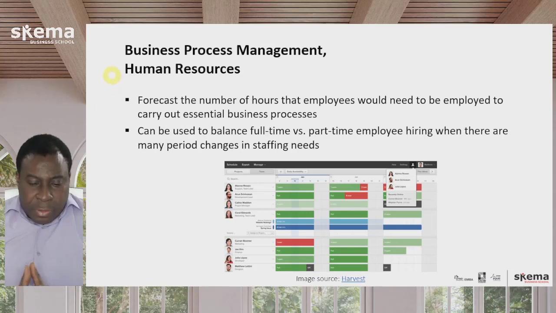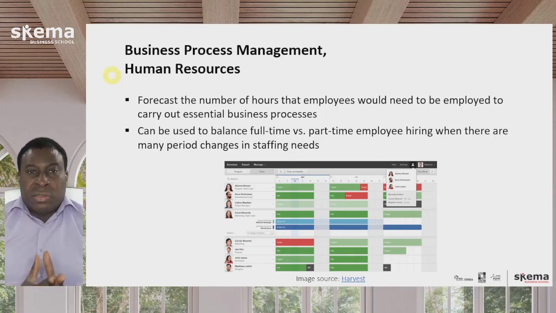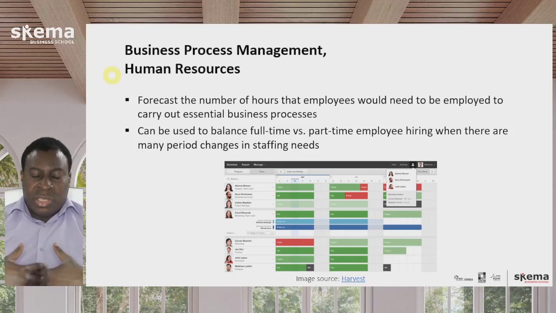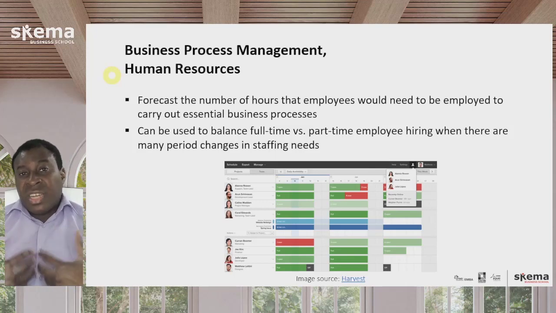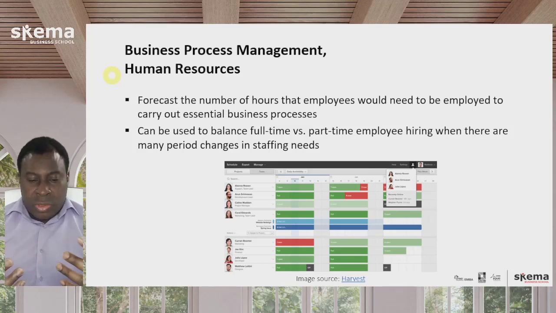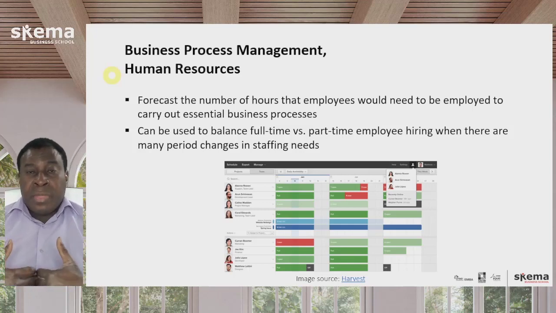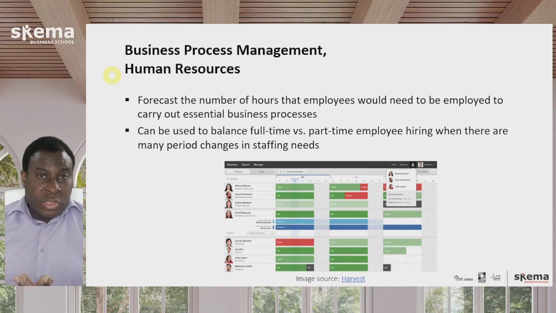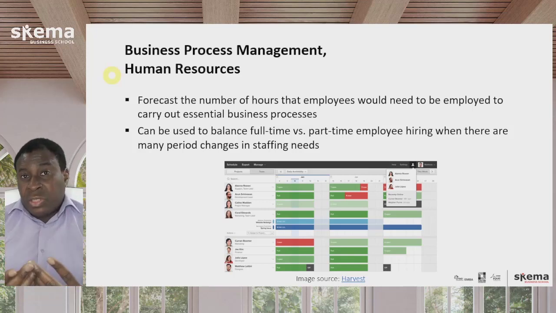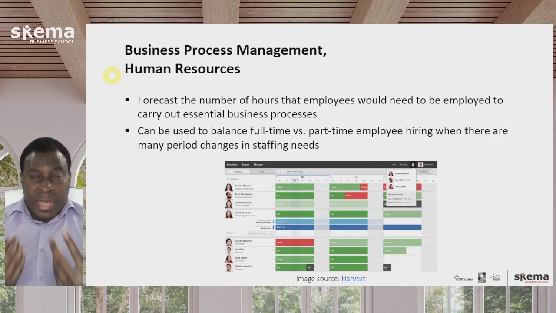Another example from the areas of human resources and business process management is help desks, which need to be staffed by people who are able to respond to customers' inquiries. So customers want to call for help from the company, and the company wants to provide high quality service. And one of the main things of high service is that customers don't wait on the phone for that long to get someone.